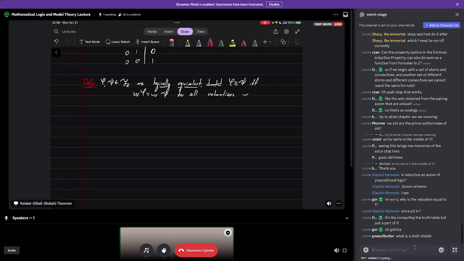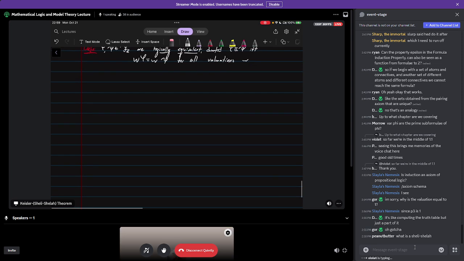Okay, so two things are logically equivalent if for any valuation, their values on that valuation are equal. So for example, if alpha, beta, and gamma are formulas, then alpha and (beta and gamma) is going to be equivalent to (alpha and beta) and gamma.